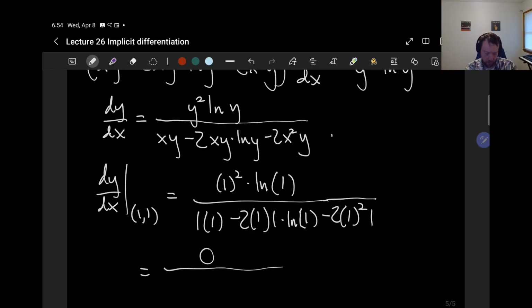And we might be in trouble if the denominator is not 0, because 0 over 0 is not a very clear form. But we do see that I get a 1 minus 0 because of this ln of 1 here, minus 2. So this does work out. This is 0 over negative 1, and that's definitely just 0.